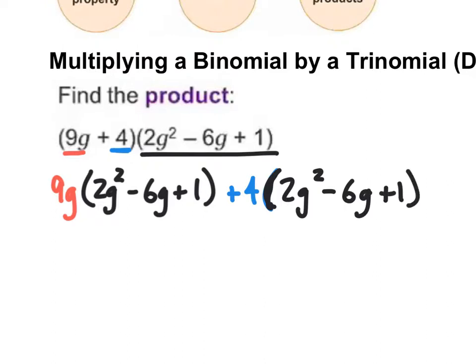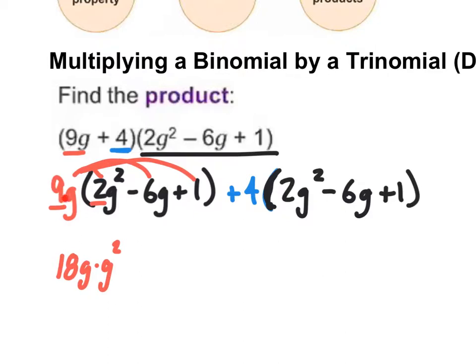Now I'm going to distribute this 9g into each of the terms in my trinomial. If I do 9 times 2, it's going to give me 18, and then g times g squared. Let me show my work here.